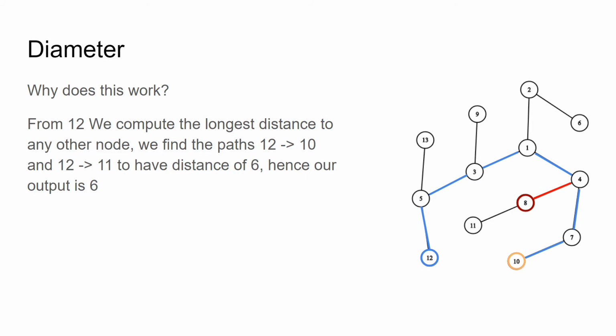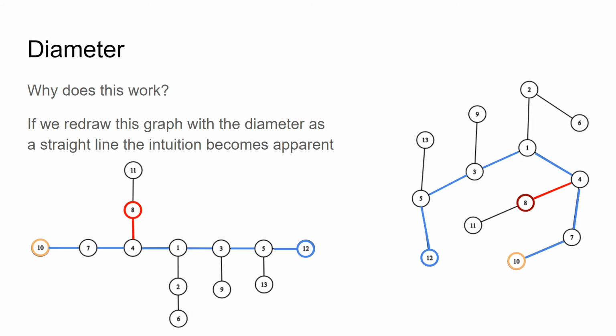But why does this actually work? What is the reasoning behind all of this? If we draw out our tree in a way that looks similar to a carbon chain, we can see very quickly why these searches end up netting the largest diameter. That's purely because from any arbitrary node, we can guarantee that we're going to find an endpoint of the diameter.